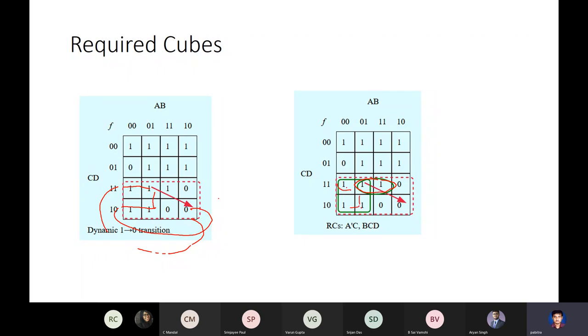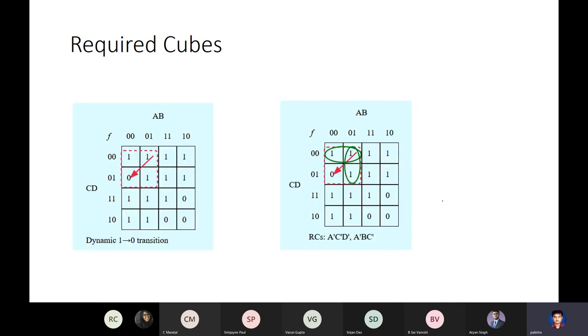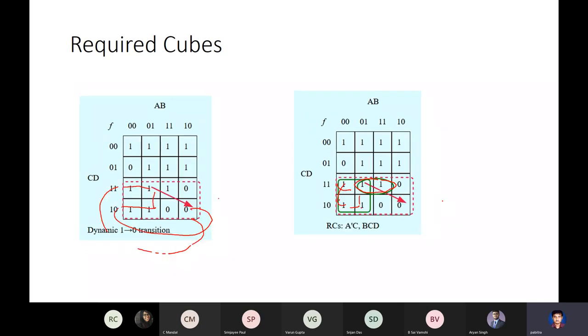So whenever we make our groupings for the realization, these two I have to cover, then this, then this, then this. So these four green boxes, four required cubes, I need to cover.